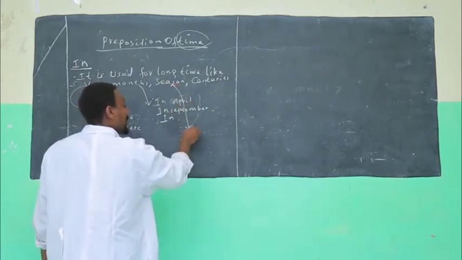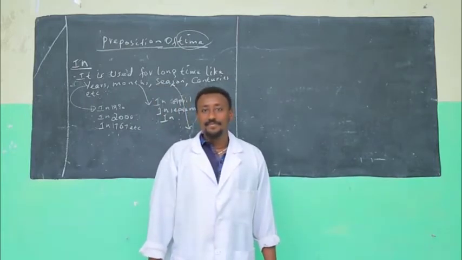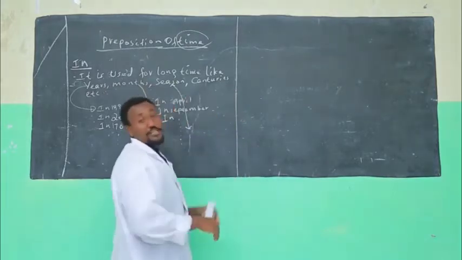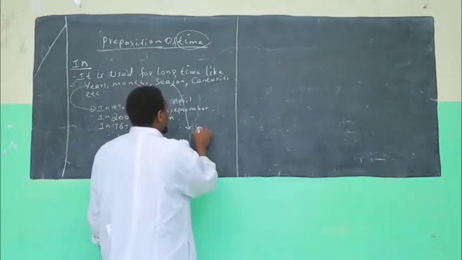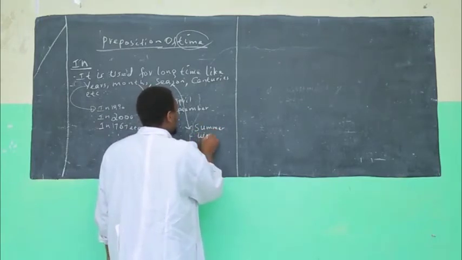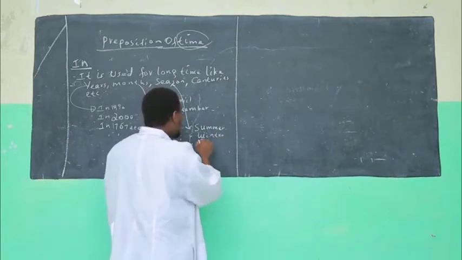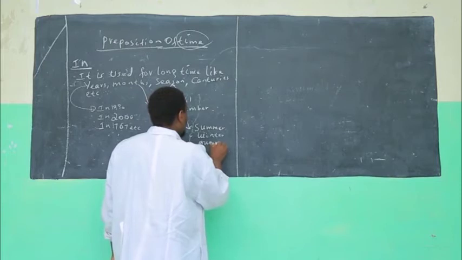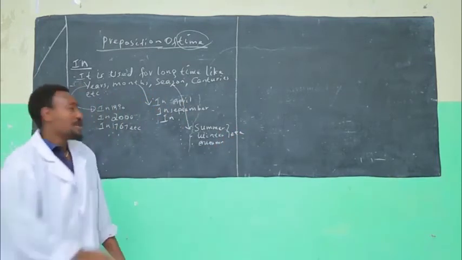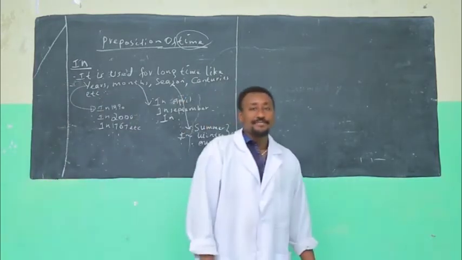How many seasons do you know? Yes, we may have different kinds of season. Like summer, winter, autumn. For seasons, we have to use in summer, in winter.